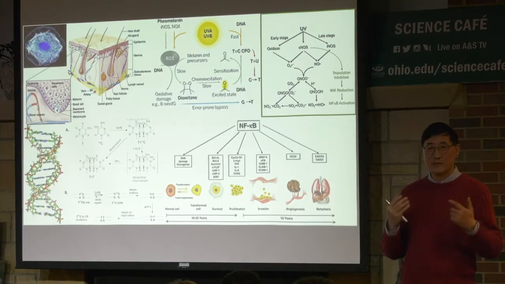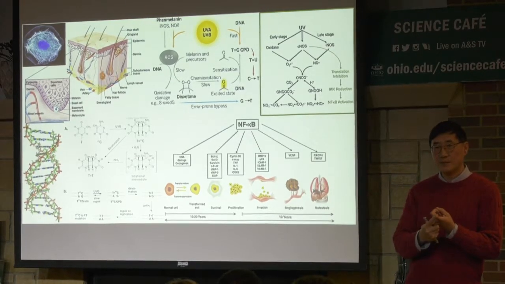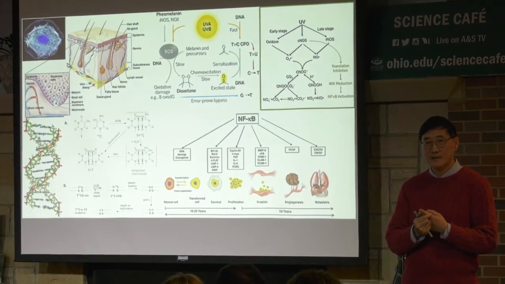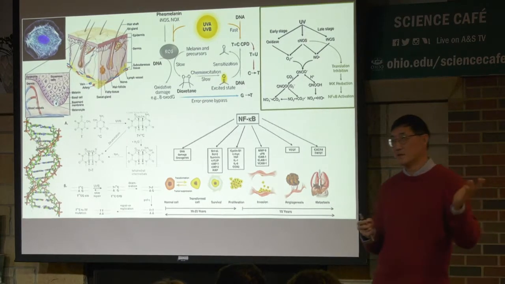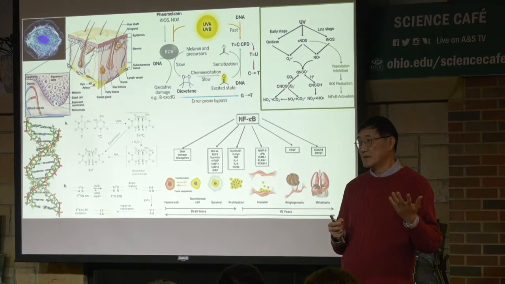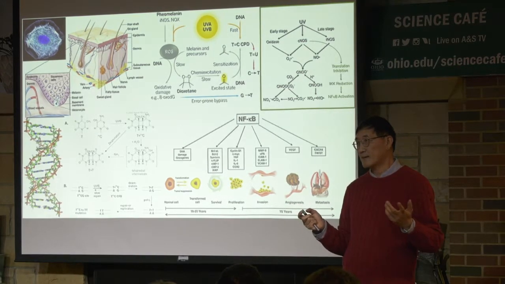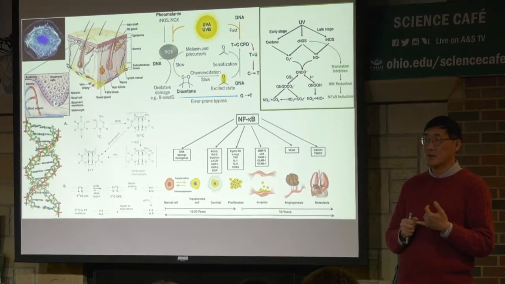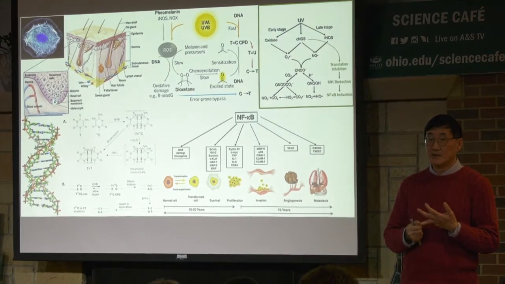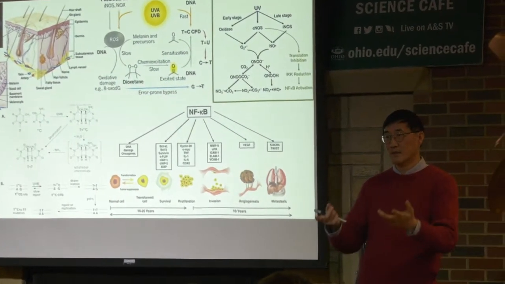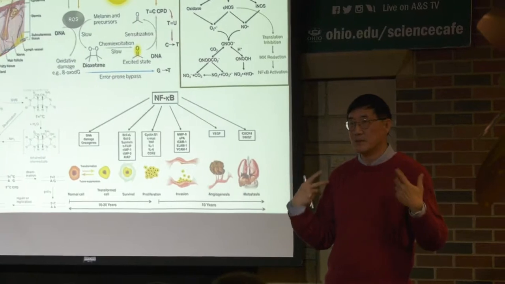UV light, people did find, can help you make vitamin D, right? We all know. So if you go outside 15 to 30 minutes in UV, you get enough vitamin D for a day, okay? I have a friend in the nutrition department, not here in Delaware, and he told me the vitamin D made by sun is almost all absorbed and used by your body.